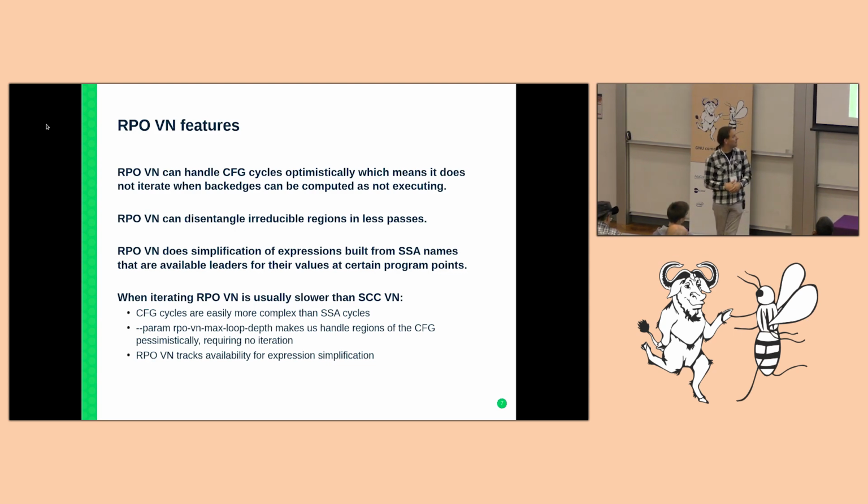And it also achieves the goal of doing the expression simplification on SSA names that are available at a given statement, which means we can retain the range information, which means we can do more expression simplification.